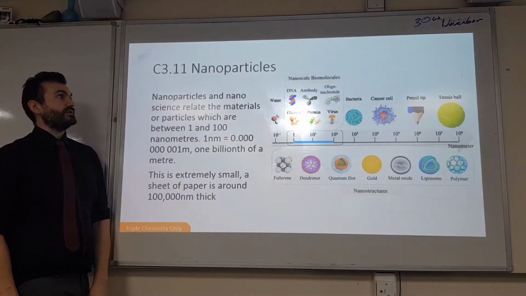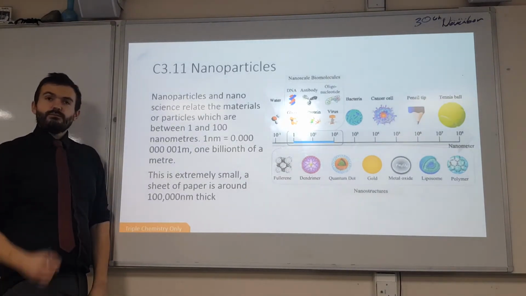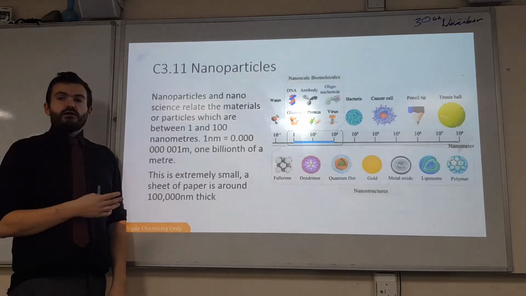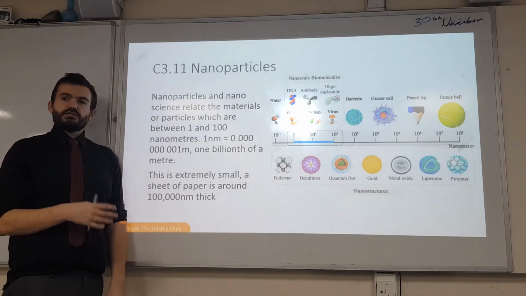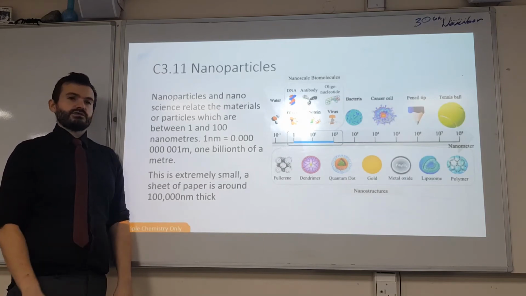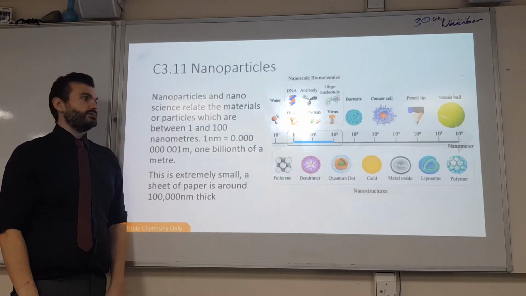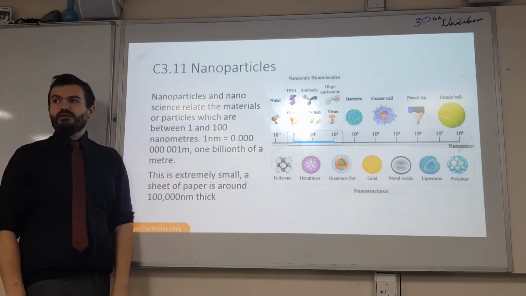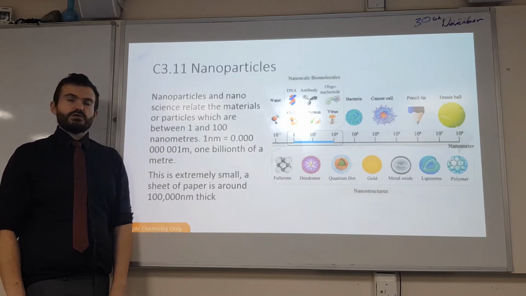If we move on to nanoparticles, they are ridiculously small. That's kind of the idea of nanoparticles. They are extremely small, and things on the nanoscale behave very, very differently. Nanoscale is between 1 and 100 nanometers, and a nanometer is a billionth of a meter, so extremely small.